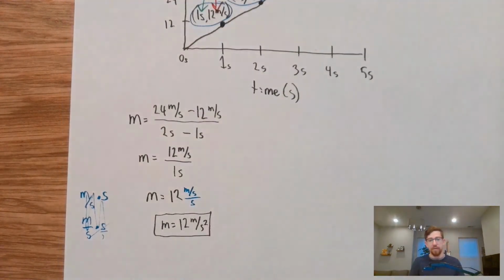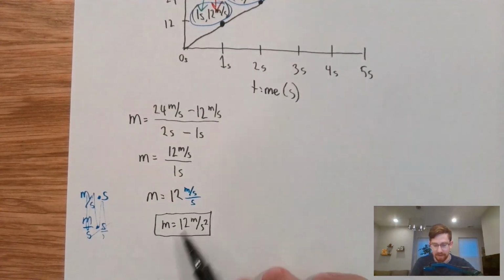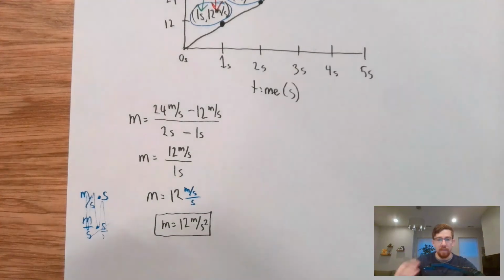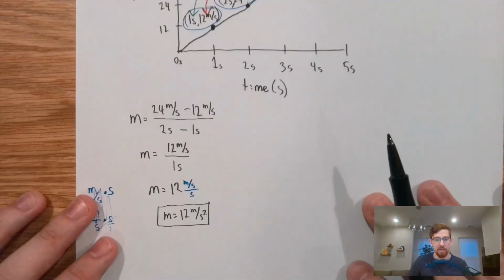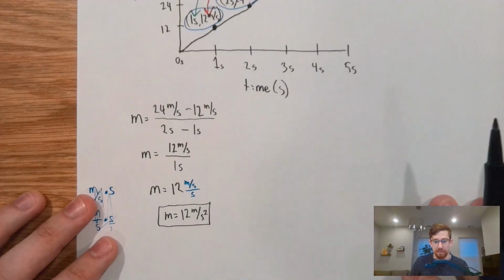Long story short, I want you to memorize this fact. If you have a velocity versus time graph, the slope is acceleration.